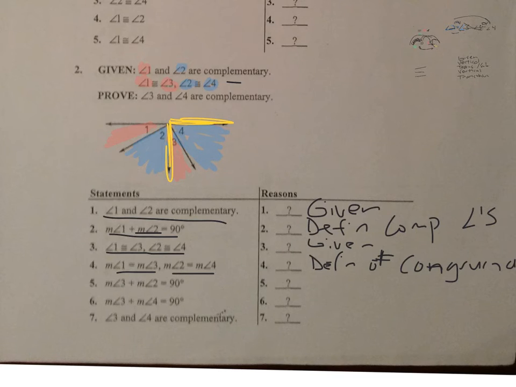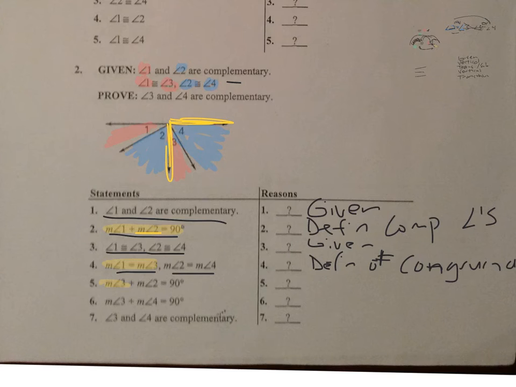We have established that 1 plus 2 was equal to 90, and we have established that 1 is equal to 3. 1 and 3 are the same thing. That is substitution, right? 1 is the same thing as 3, so we can put them in there interchangeably.